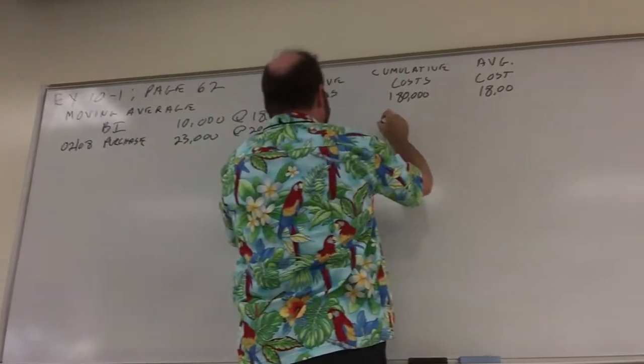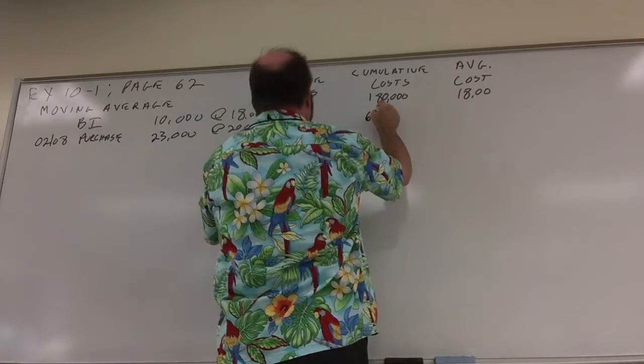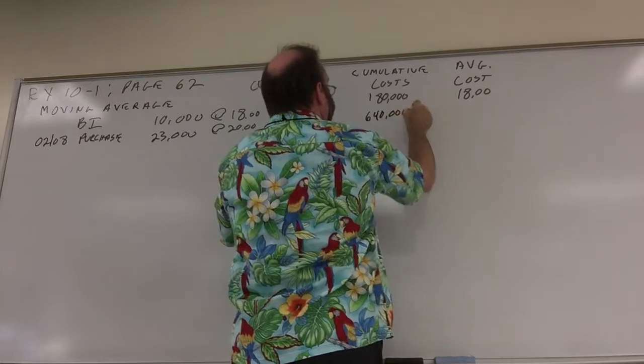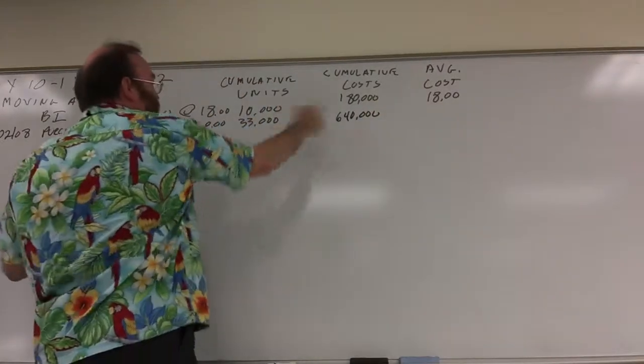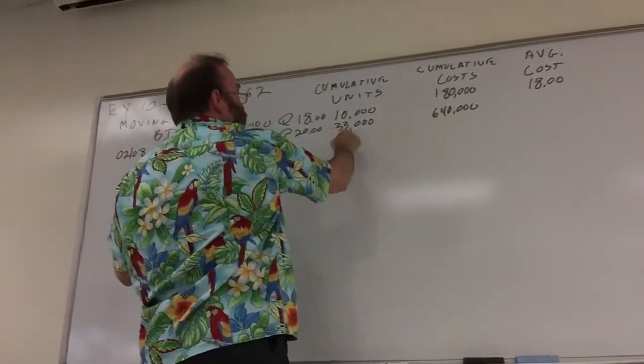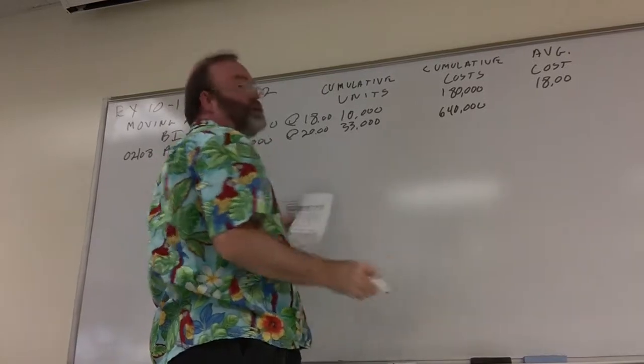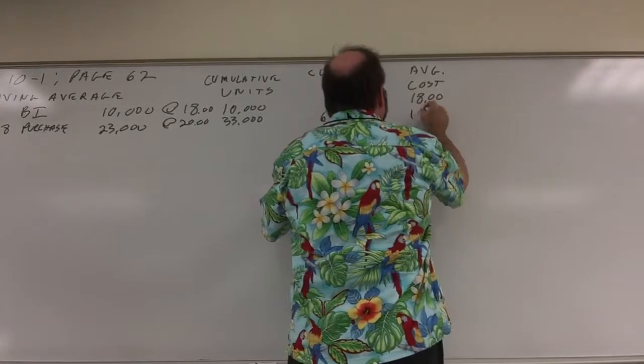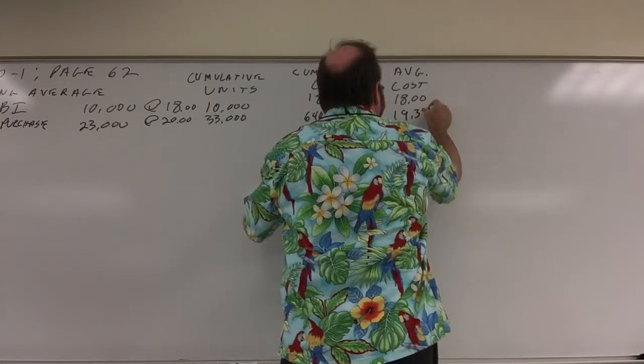Add that to 180, and we have 640,000. Divide the 640,000 by the 33,000 cumulative units that we have, and we now have an average cost of $19.39.